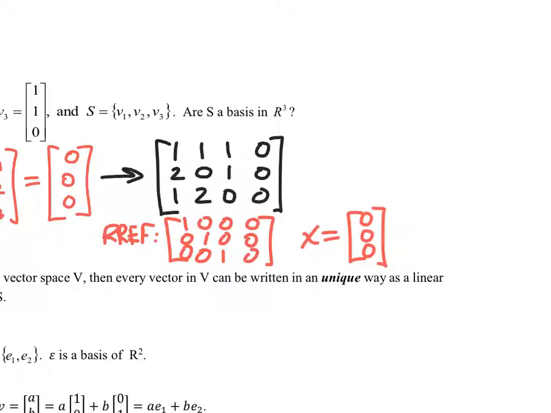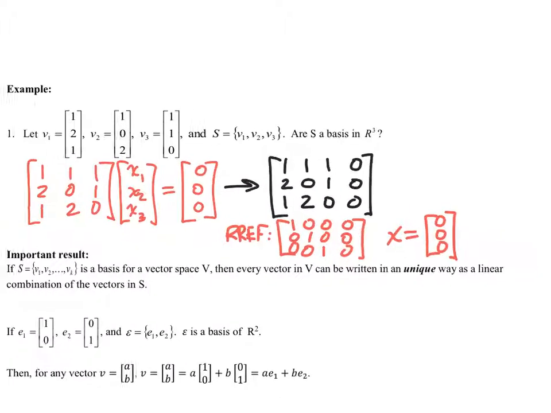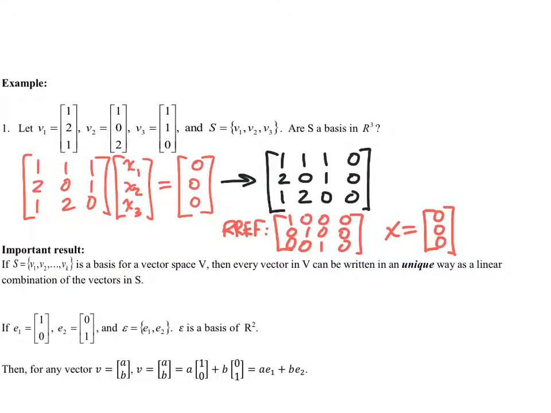The interpretation here is incredibly important because this is how we start to understand what a basis is talking about. What we just showed is that vectors 1, 2, and 3 are linearly independent of one another. They are not dependent on one another. I'm not going to be able to get from one vector to another using simple scalars.